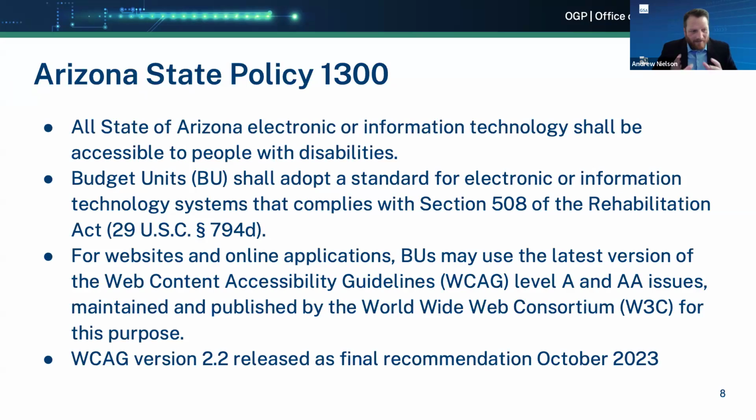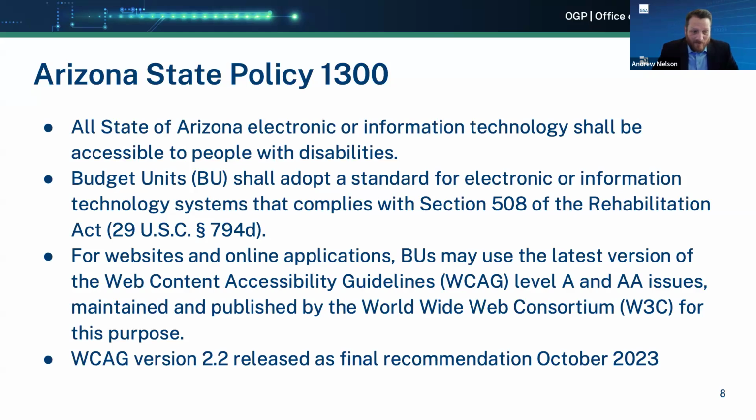So again, there's some overlap between Section 508 and the ADA web rule. But the Arizona state policy refers to Section 508 specifically. But then it also makes a statement that business units, including Arizona State University, may use the latest version of the Web Content Accessibility Guidelines, level A and AA.